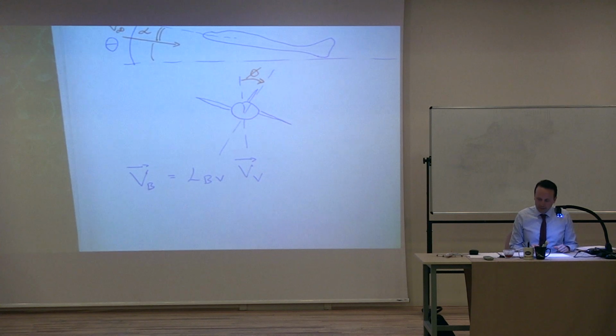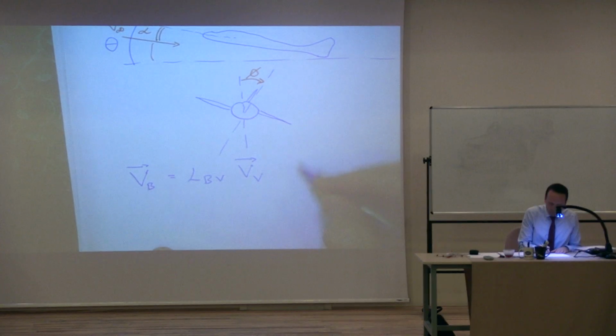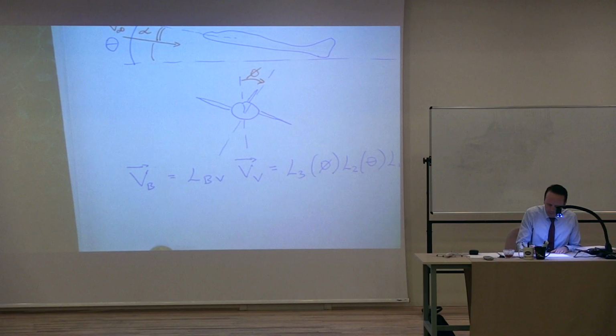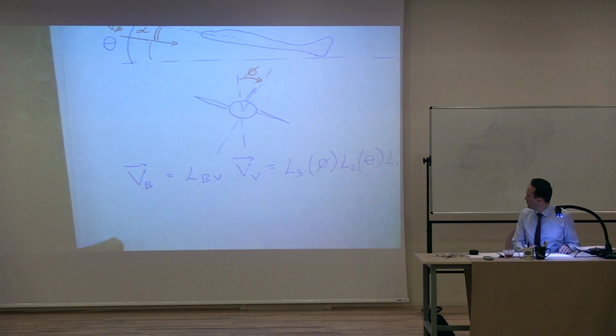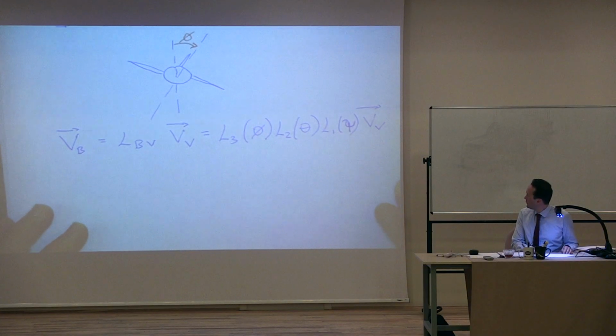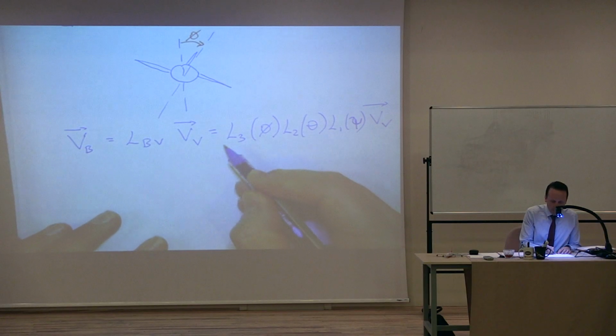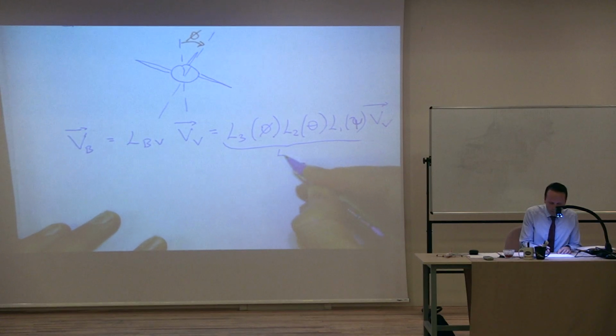Basically, you write this like that: L3 phi, L2 theta, L1 psi, applied to the vector in V. So this is psi. Right? So this is that, and we call this one LBV.